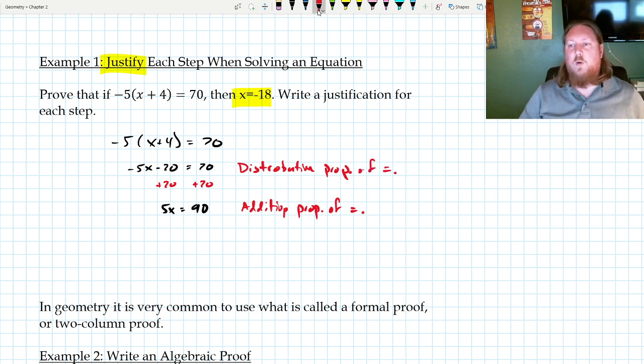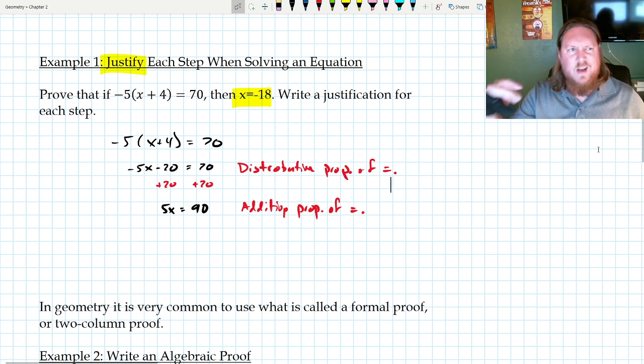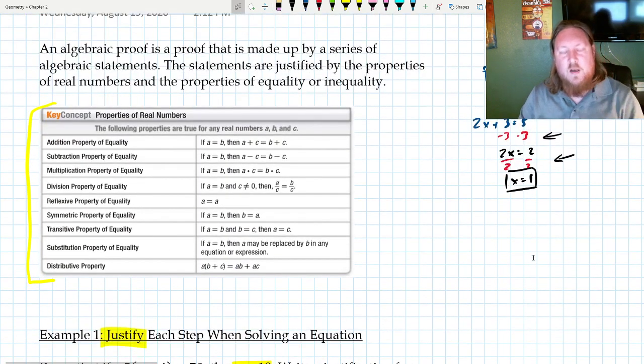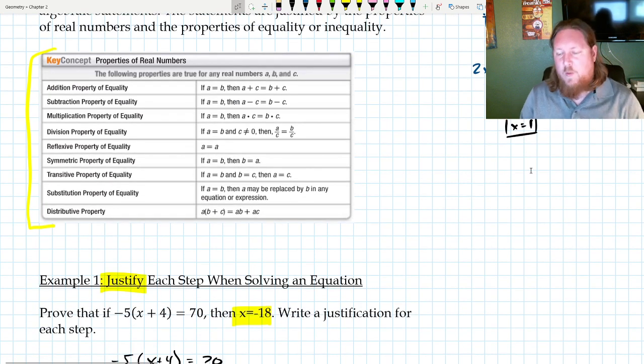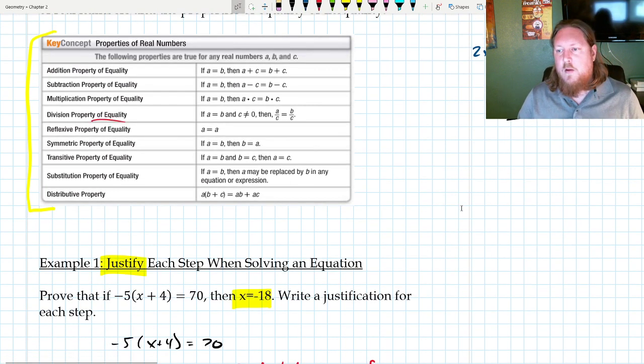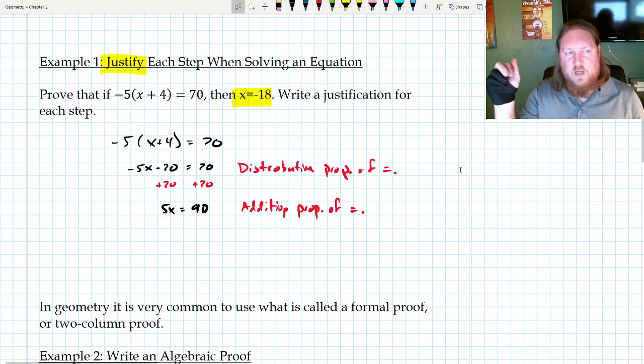I forgot the of equality before. You can see we kind of use shorthand when we're doing these because writing the full words out every single time is tedious, and mathematicians are lazy, so we find ways to abbreviate it. I don't want to write of equality every single time I use these properties. So I wrote of equal sign, and that just means of equality.